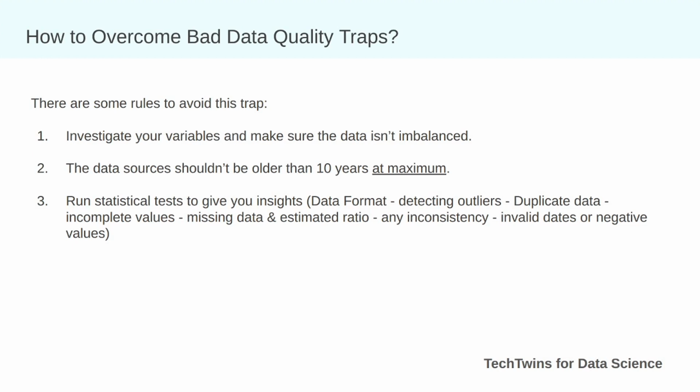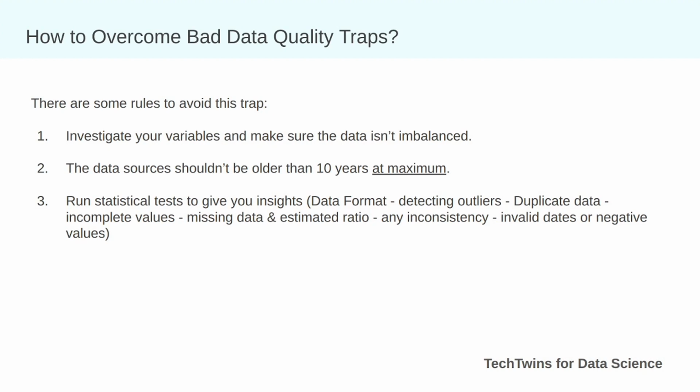How to overcome bad data quality traps. There are some rules to avoid such a trap. First, investigate your variables and make sure the data is not imbalanced. If you have imbalanced data, then you need to do more investigation to fix this type of data.